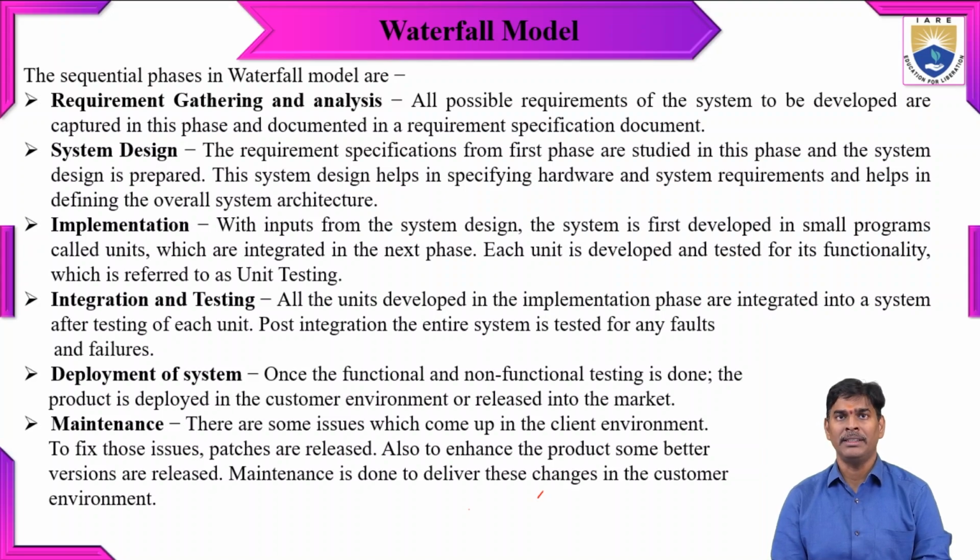And the next phase is implementation. In this implementation, we take the different inputs from the system design, so that the system is first developed in small programs. We can call them units or modules. The project manager will be allocating them. The project manager cannot give the full or large amount of project documentation to a single team member. So what he will do is segregate it.